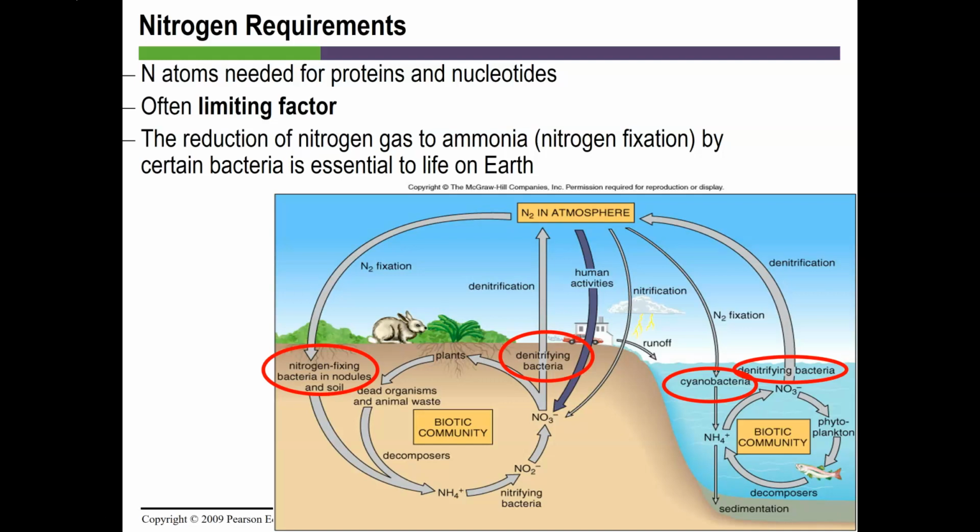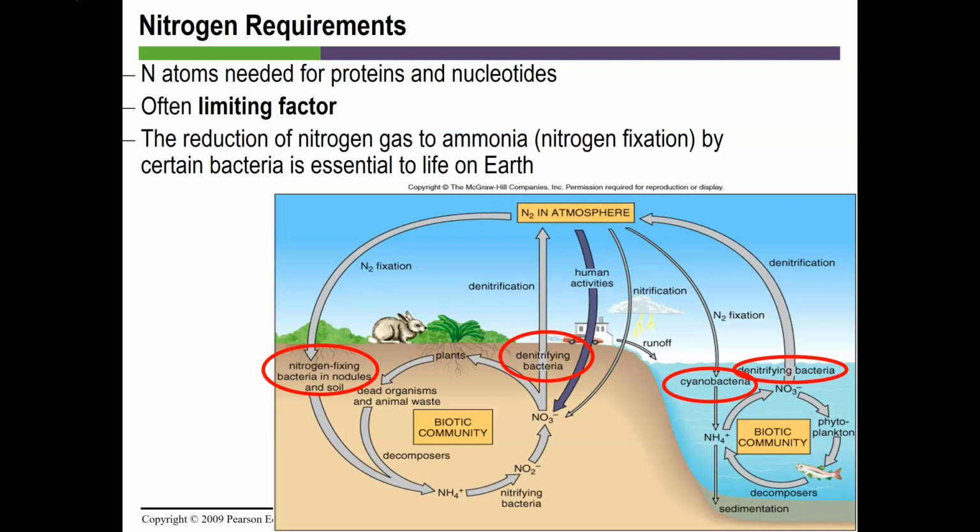Nucleic acids need nitrogen. Nitrogen is a key component of life, but it's often a limiting factor. This is because while there's a lot of the atom nitrogen around, it exists in a form that is not available to most life.